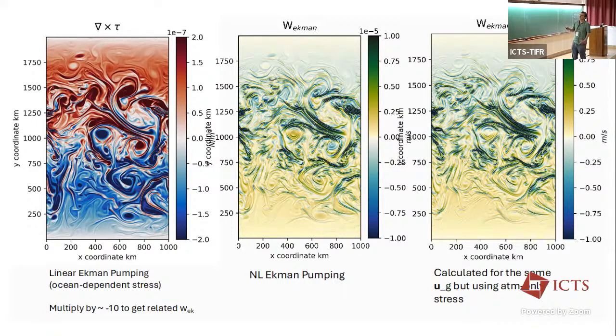So you certainly do see effects. In fact, the linear ocean velocity Ekman pumping is in this nonlinear solution. But the submesoscale structure is not really related to the ocean velocity dependence. You see it even if you don't put it in this Ekman calculation.